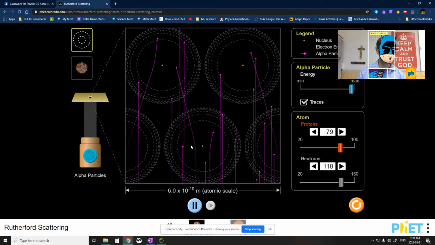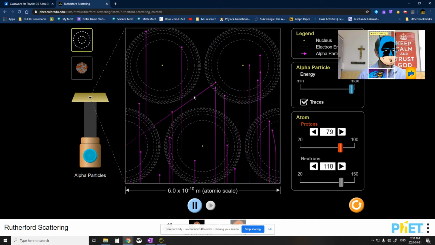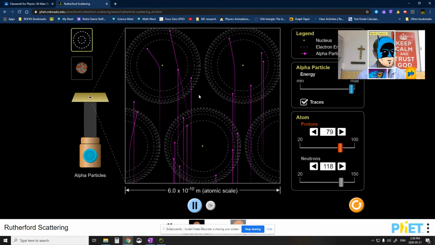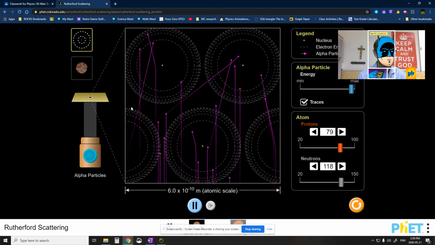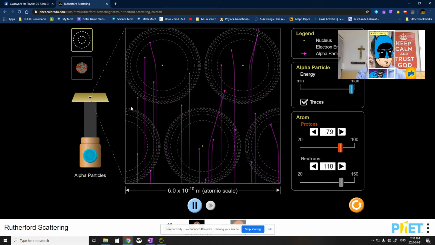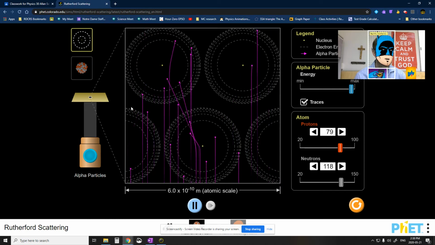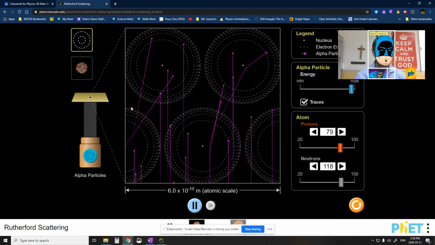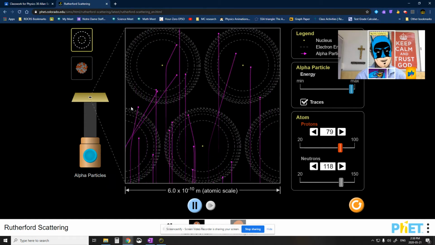But then he also saw these other alpha particles being deflected at high rates in all sorts of different directions. You can see a lot of them being deflected at high rates. And what they knew about alpha particles is that they were positively charged. So if an alpha particle gets close to something that's also positively charged, it should be deflected by that.